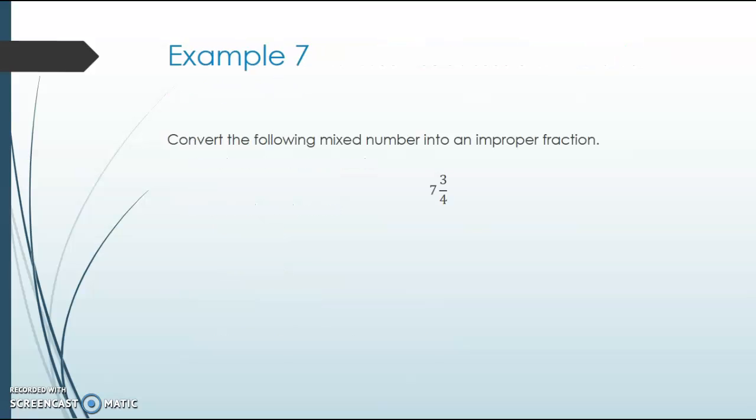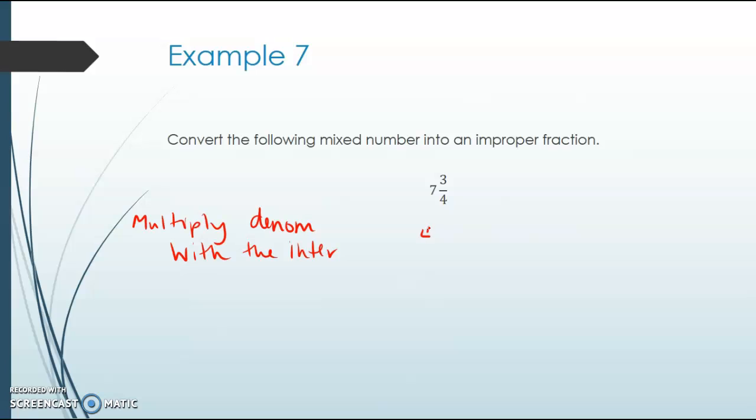So example 7, we're going to convert the following mixed number into an improper fraction. Our steps when converting from a mixed number to an improper fraction: we start by multiplying the denominator with the integer.